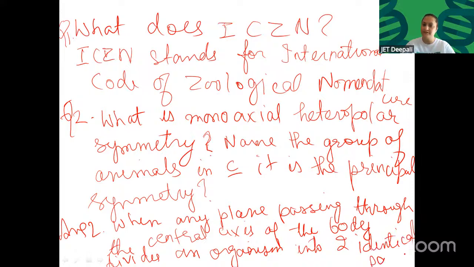Okay, this is monoaxial heteropolar symmetry. Now, monoaxial heteropolar symmetry, or you can call it radial symmetry, is the principal symmetry of diploblastic organisms such as cnidarians and ctenophores. Okay, so what will we write here? First, let us remove it.